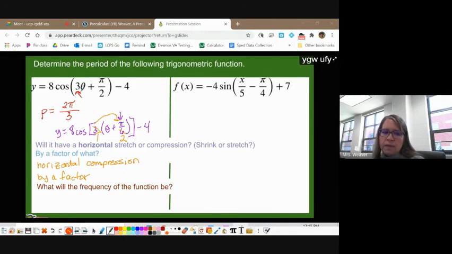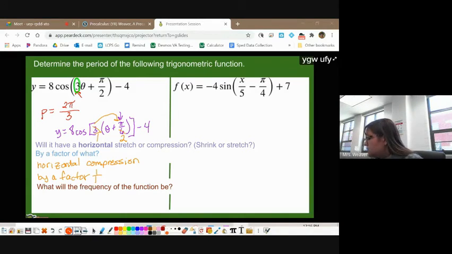Okay, so let's go back and look at the B value, right? That's what drove the period. That's what drove how fast it finished. This is moving 3 times as fast. So that's going to compress it by a factor of 1/3.